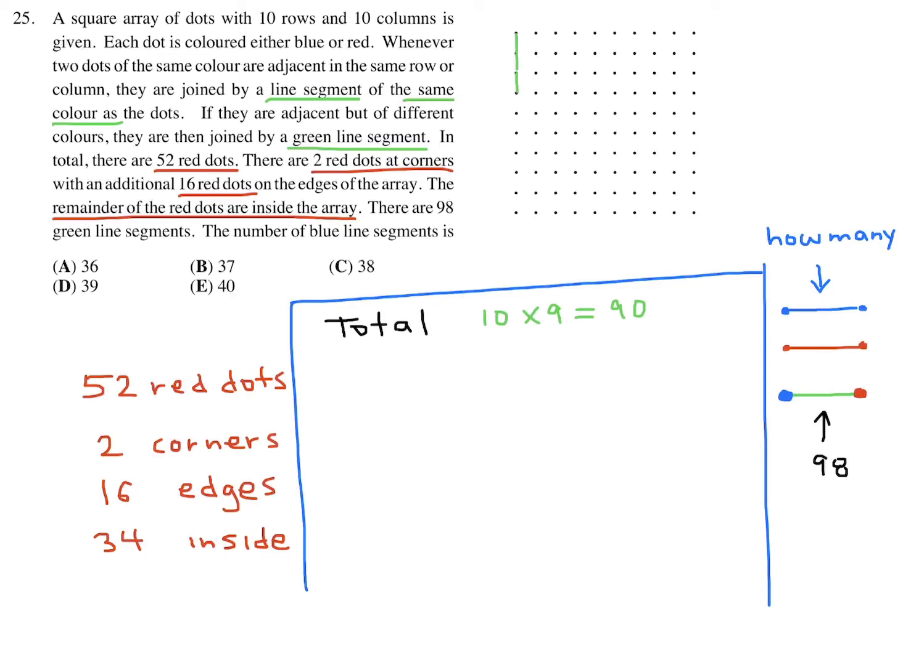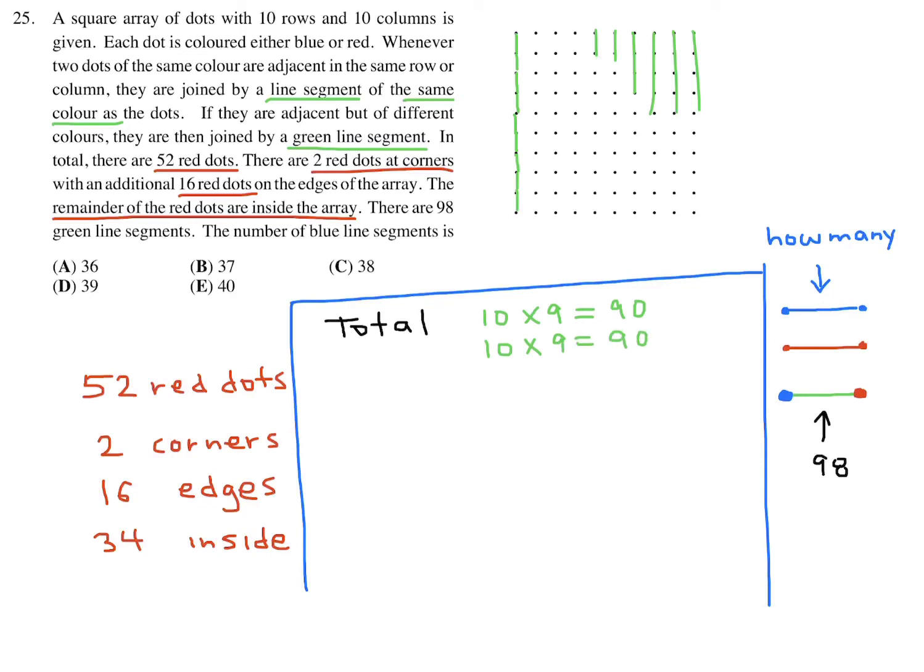1, 2, 3, 4, 5, 6, 7, 8, 9. 9 that go top to bottom. But in each of these columns, and I've got 1, 2, 3, 4, 5, 6, 7, 8, 9, 10 of those columns. So again, 10 columns with each column producing 9 line segments. So another 90.